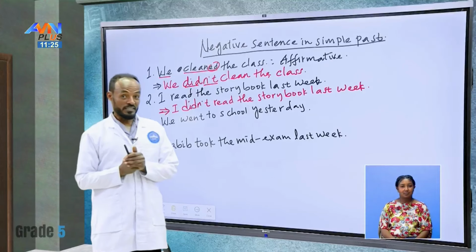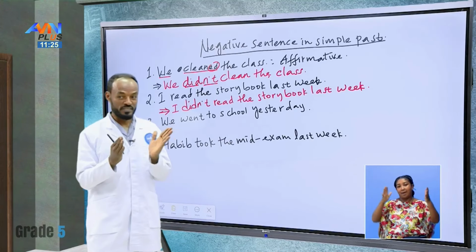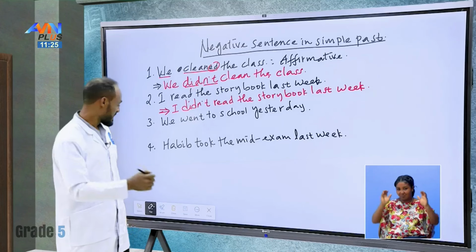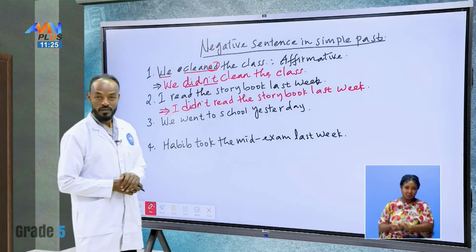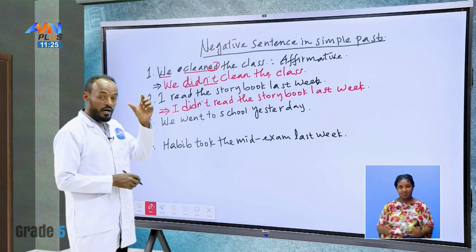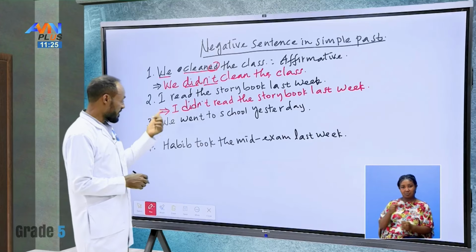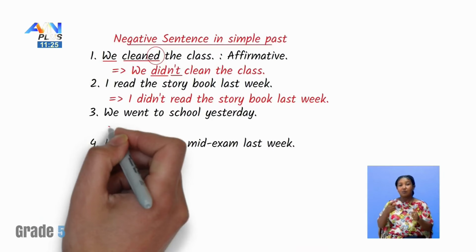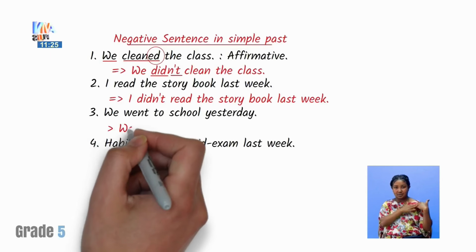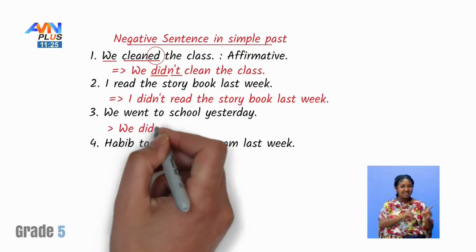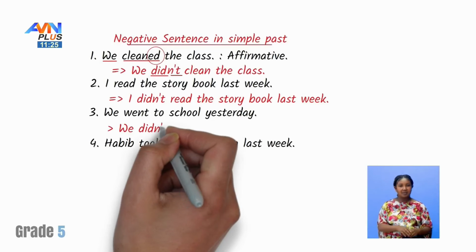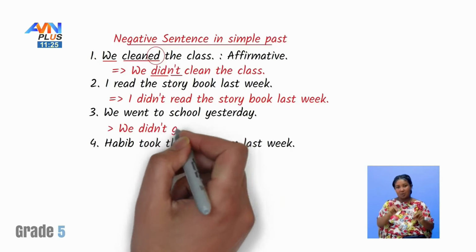Okay, well done. I hope you did it. Bravo, bravo, student. Come on now. So let's change into negative forms. As we've discussed so far, we have to start from the subject, isn't it? We, then did not. We did not or we didn't can be said.